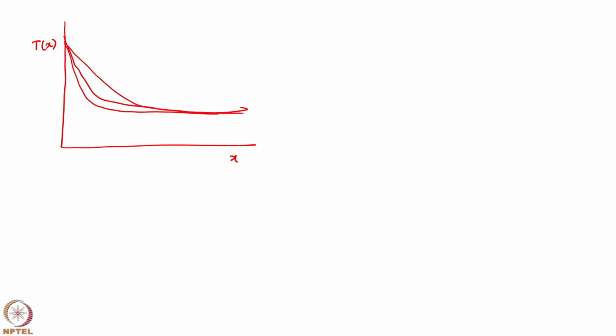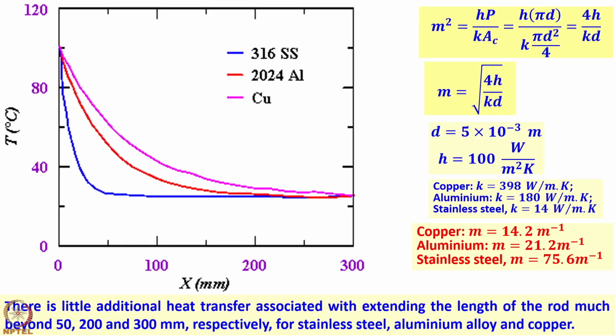Okay, so let us show this plot in the PPT. If you see here, the pink color is for copper, red is for aluminum, and blue is stainless steel. You can see that stainless steel reaches T infinity in a short length, and aluminum takes a longer length before it reaches T infinity.